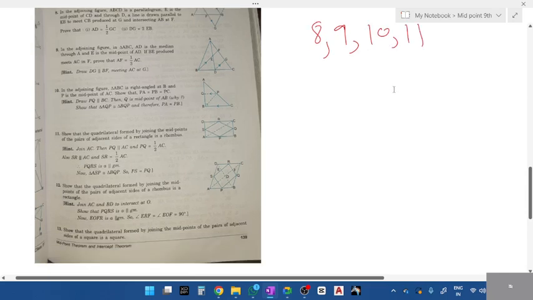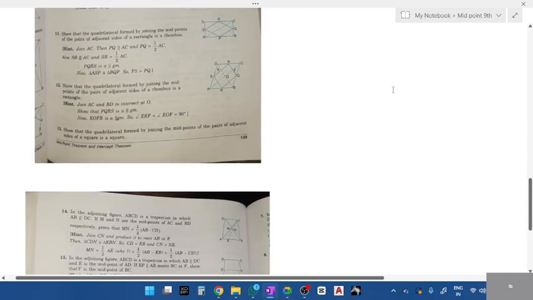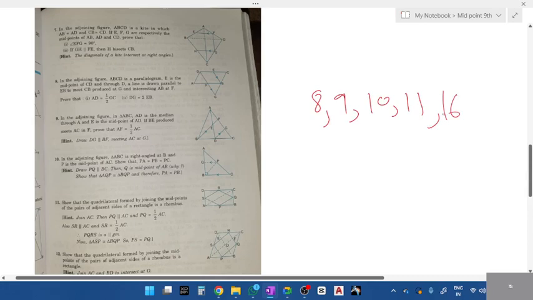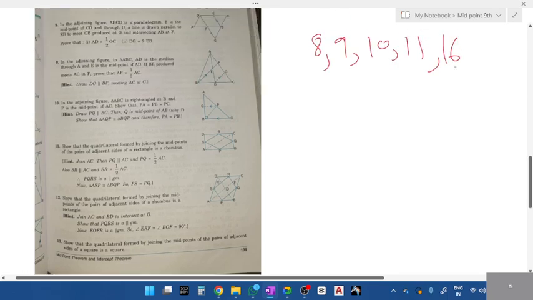You have 8, 9, 10, 11, 13. No, 13 and 14 are cancelled. 15 and 17. So we have 16. Right? Okay, sorry. 15. Right? 8, 9, 10, 11, 15. Are these the sums left to complete: 8, 9, 10, 15? And here we have 3, 4, 5.